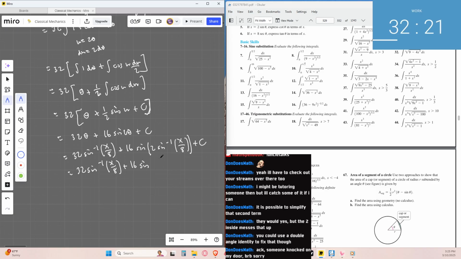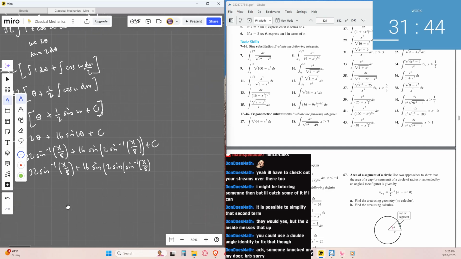Okay, so according to the double identity formula, we are left with sine of... I should move this to the side a little bit.